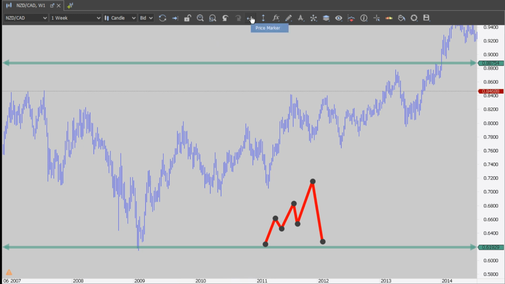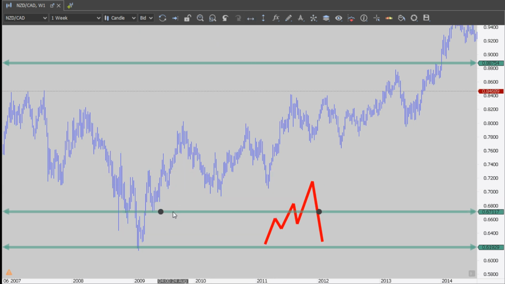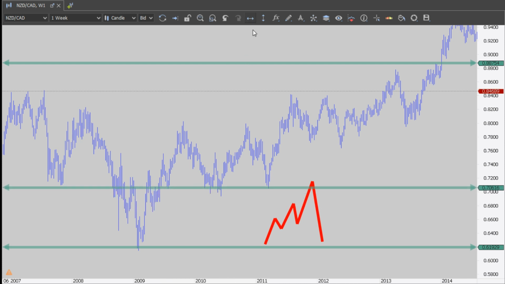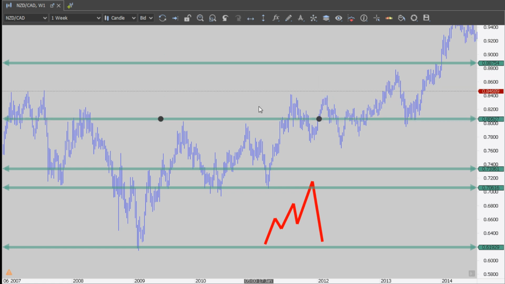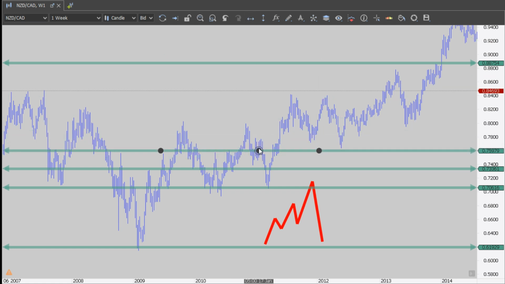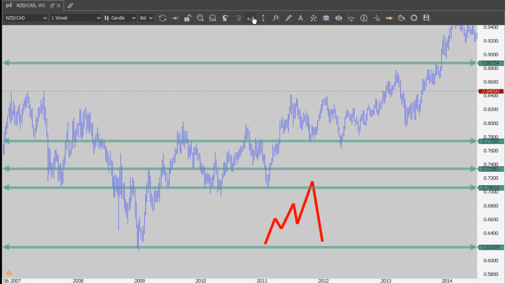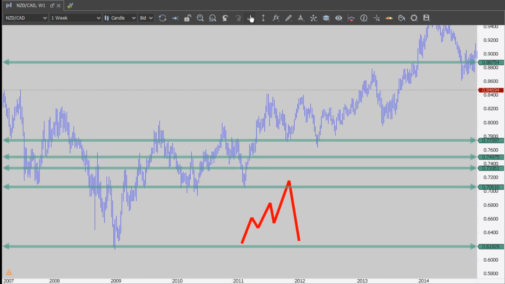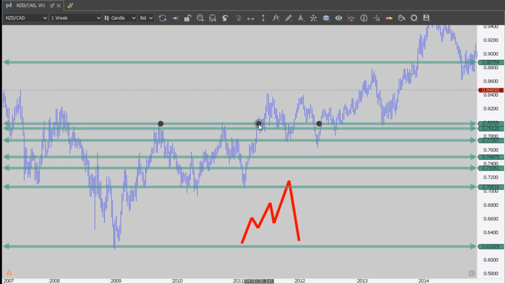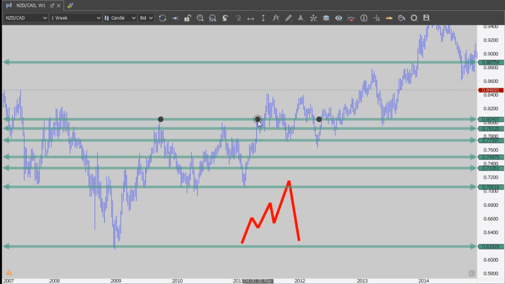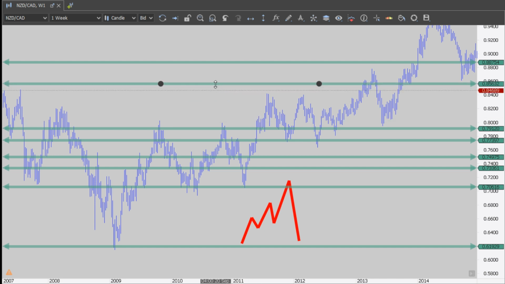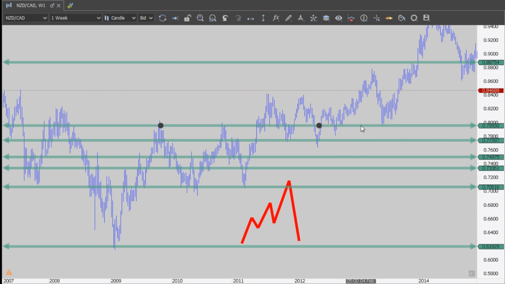So where is resistance? This is going to be the first one, this is going to be the next one, and the next one, and the next one, and we can arrange this one, something like this would be better.